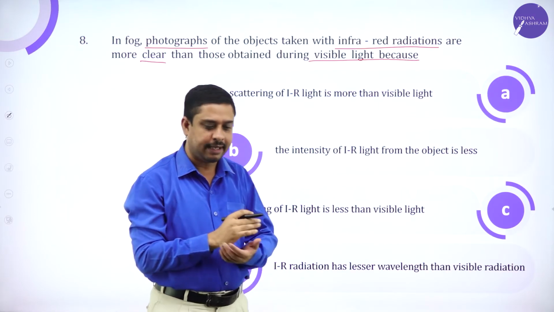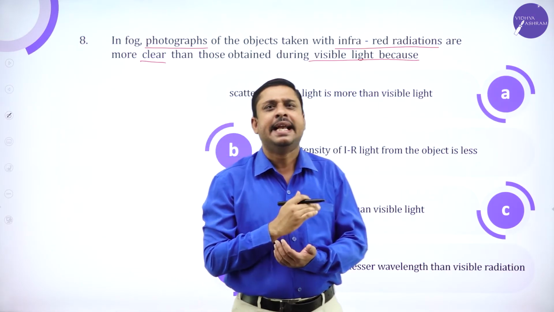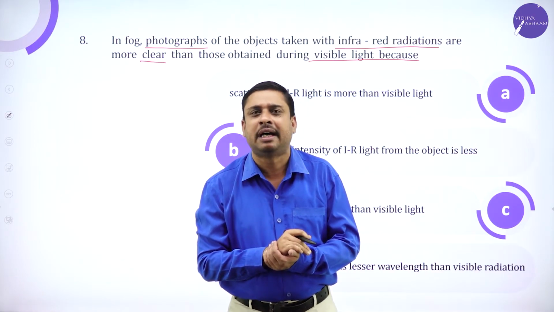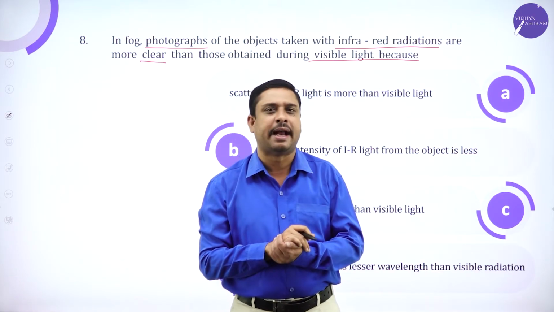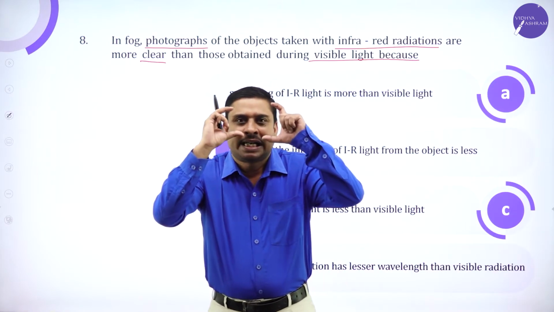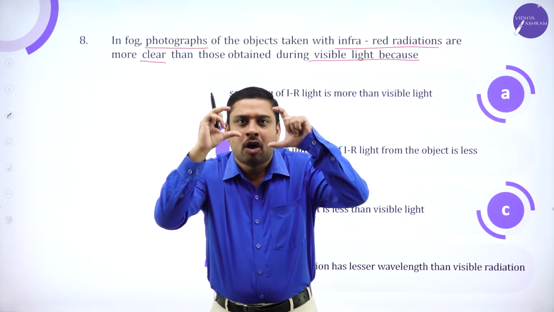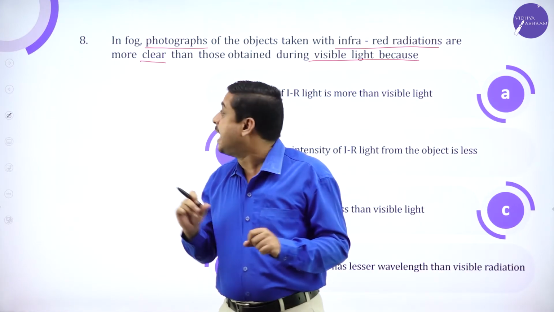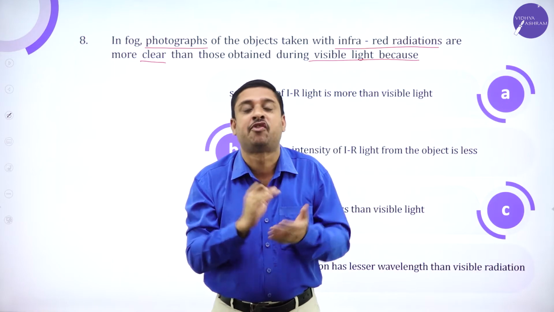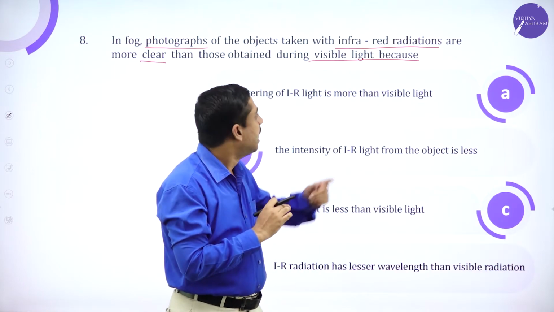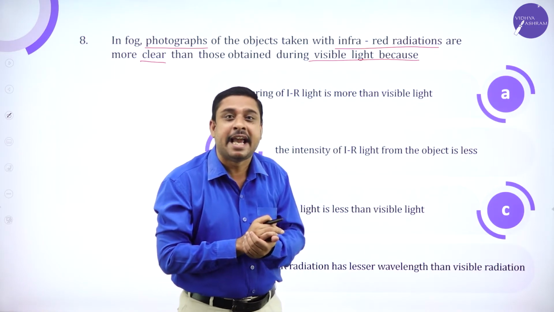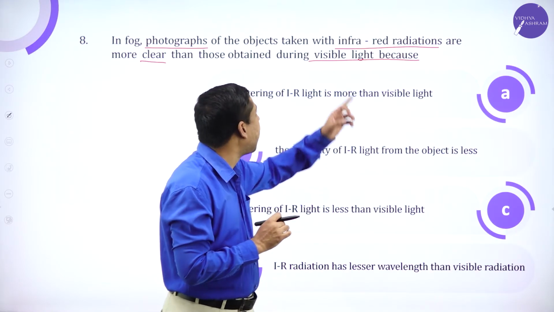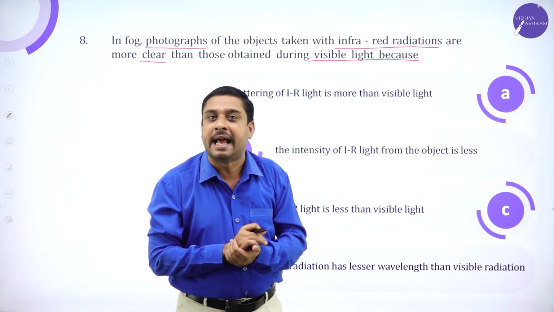Why? In intense fog conditions, when you take a photograph, IR radiations give you better clarity than visible light.